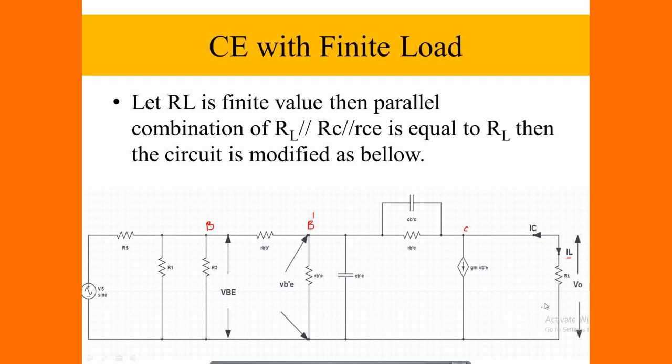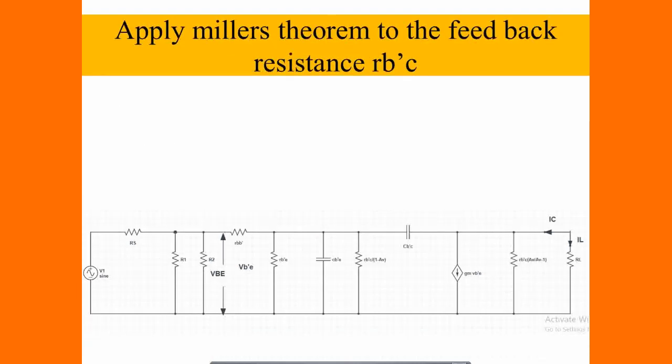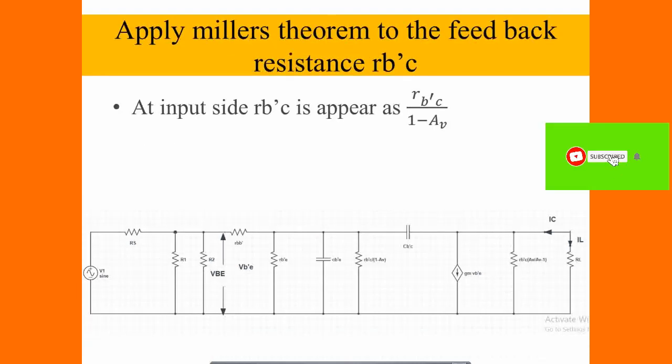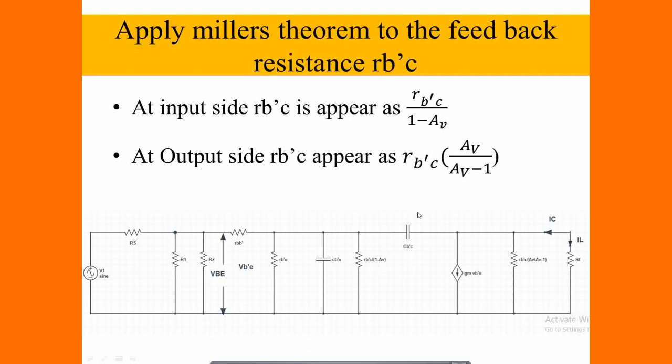To further modify the circuitry, we are applying Miller's theorem over the elements sharing between B dash and C. Initially, we are applying Miller's theorem on the RB dash C. Then at the input circuit, the RB dash C is modeled as RB dash C by 1 minus AV. Similarly, at the output circuitry, we model the corresponding element as RB dash C into AV by AV minus 1.